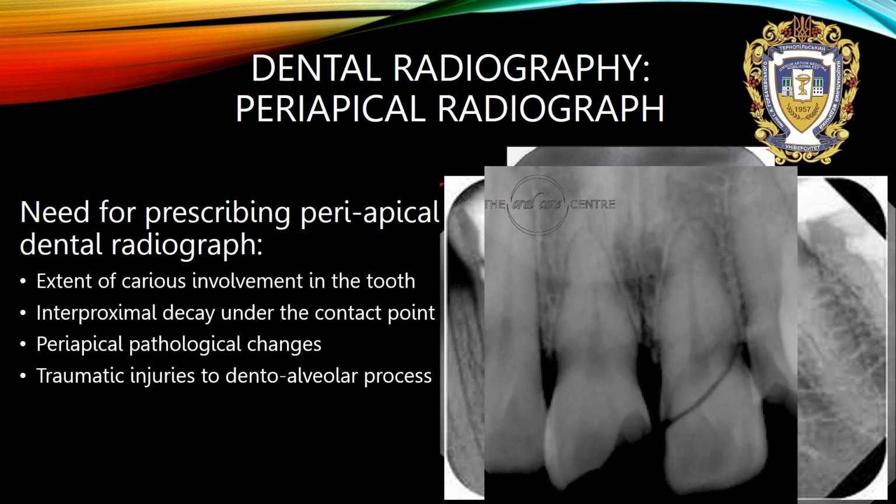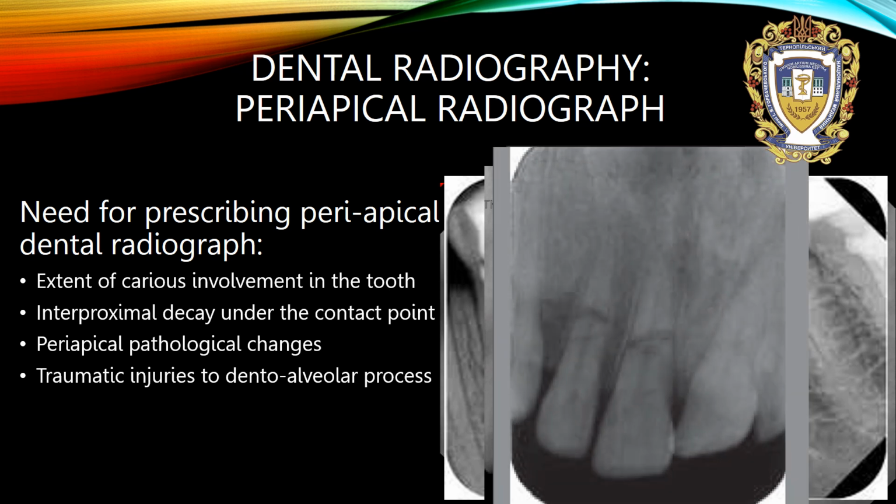Traumatic injuries to the dentoalveolar process. Here is shown a fracture of the coronal part of tooth number 2-1. There is a clearly visible fracture of the coronal part and a not so clear fracture of the root.